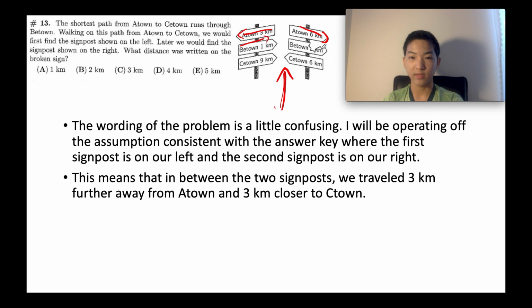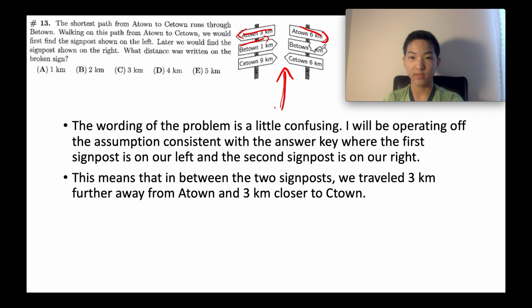So this means that in between the two signposts, we travel 3 kilometers further away from A town and 3 kilometers closer to C town. Because you see, we travel 3 kilometers forward, so the distance between us and C town decreases by 3 kilometers. And we travel 3 kilometers on the path, so the distance between A town increases by 6 kilometers.